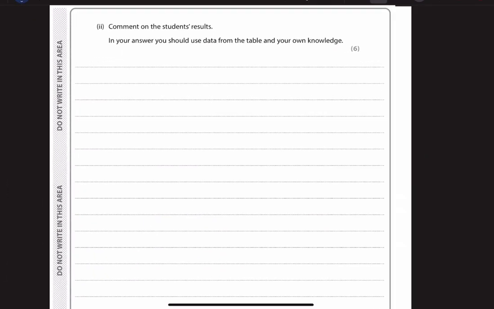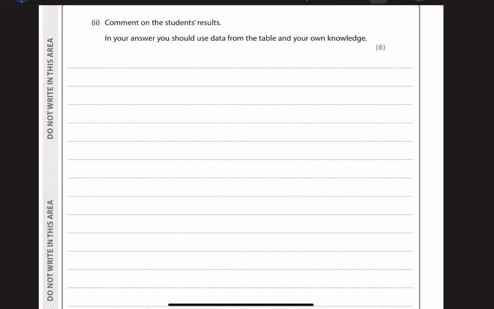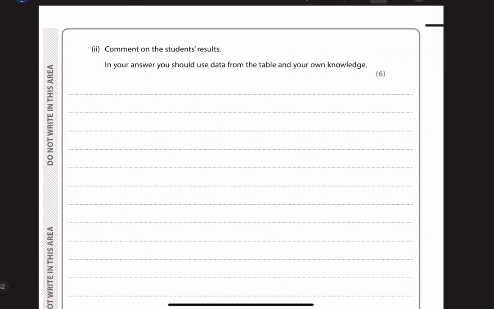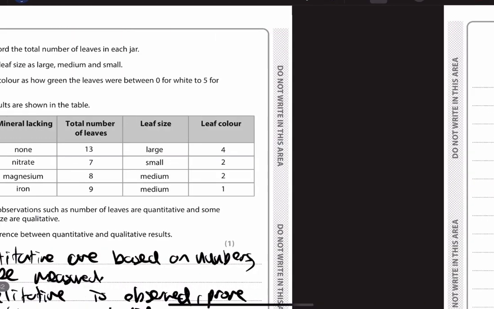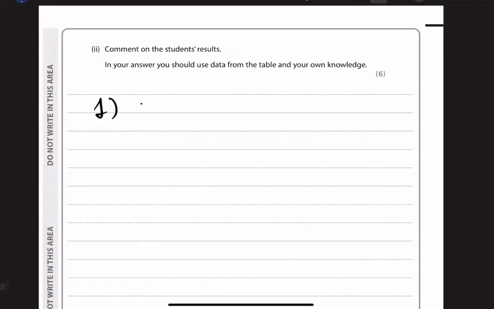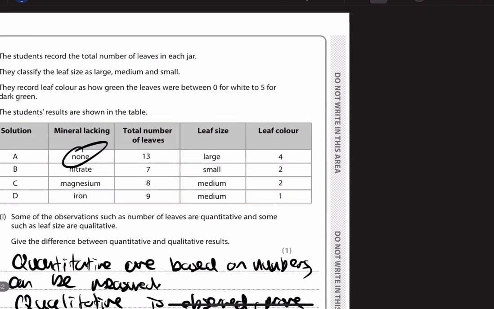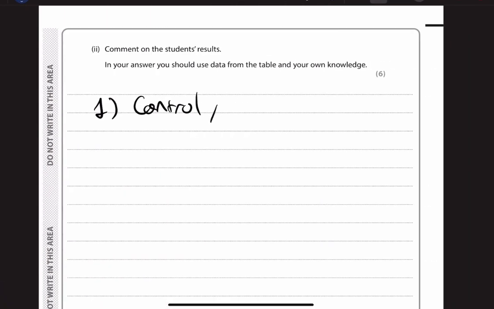Okay. Comment on the student's results. In your own answer, you should use data from the table and your own knowledge. Okay, let's just try to go through the results bit by bit. So in the complete one, right, in the one that has every mineral, so in the control, which is this one here, the no mineral lacking, we have the most leaves and greenest plant and greenest leaves.